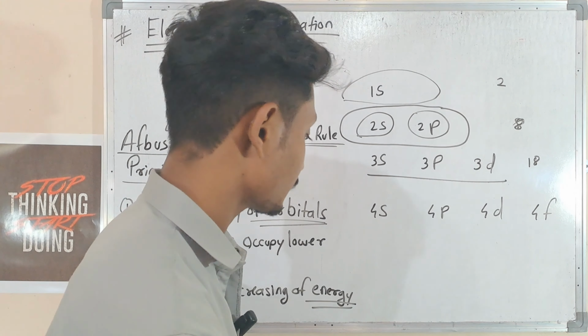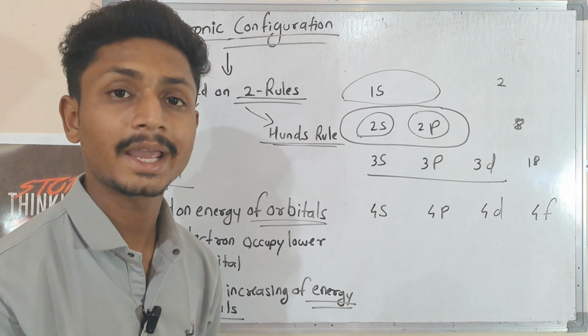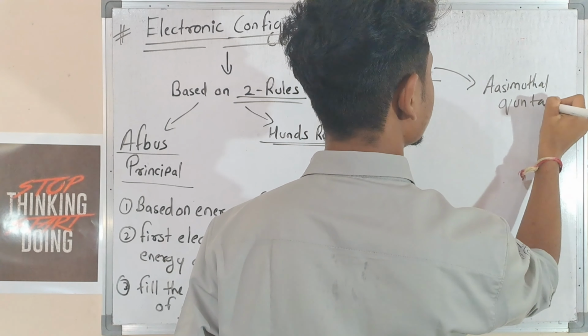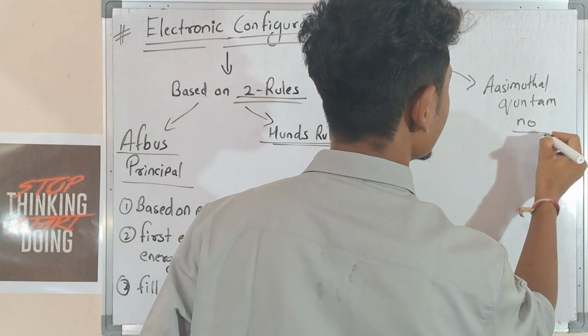Let's understand by a simple rule, the n plus l rule. Here n is the principal quantum number, and here l is the azimuthal quantum number.